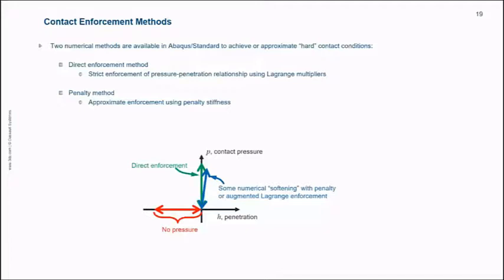And when we get to zero penetration, then this Lagrange multiplier of the direct enforcement keeps H at zero at most, and so we get a very nice constraint. However, it's a very strict constraint. The penalty contact allows for a little bit of numerical wiggle room, and it turns out that this wiggle room is very conducive to convergence, which is why I recommend the penalty method for most applications today in Abaqus Standard.